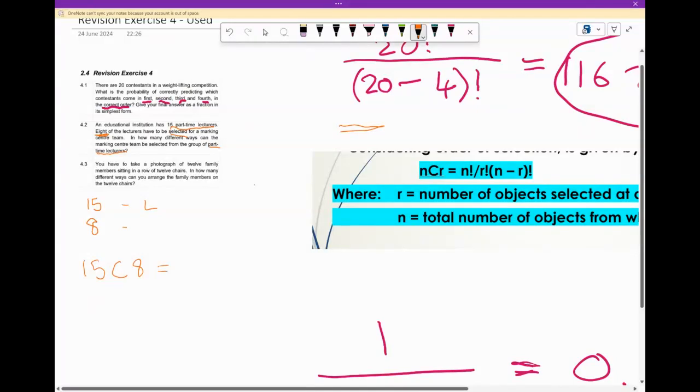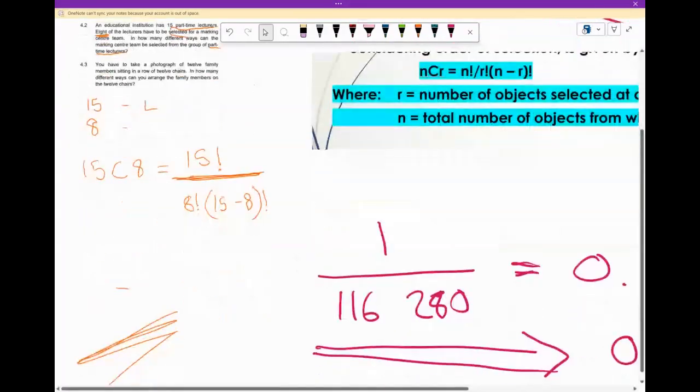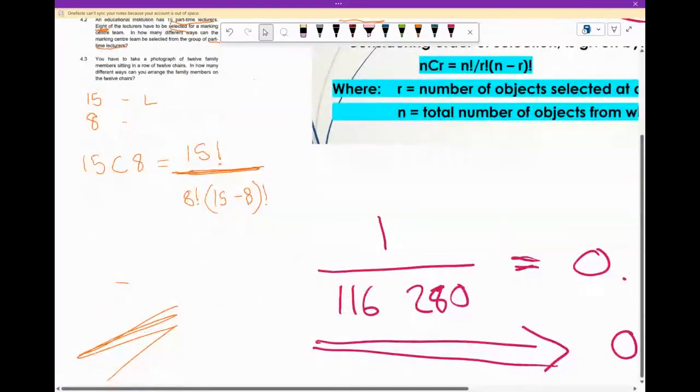So N, the total number that we can select from, is 15, factorial, divided by R, which we want to be 8, factorial, and then open brackets 15 minus R, which is 8, factorial.